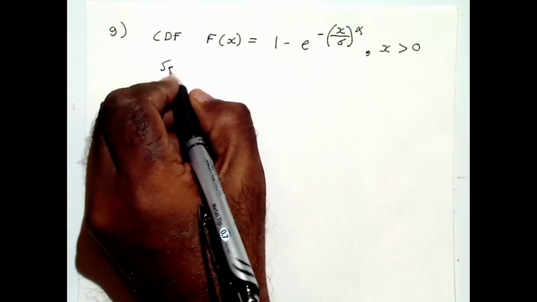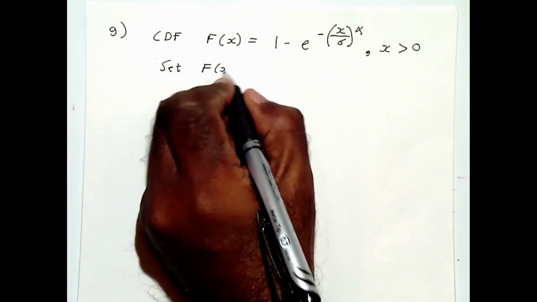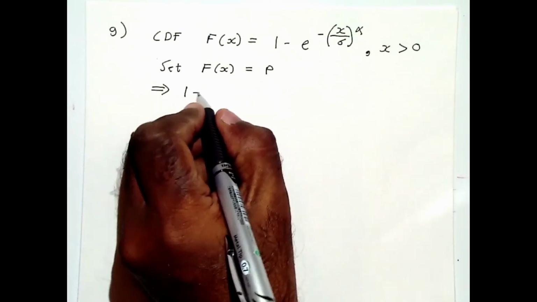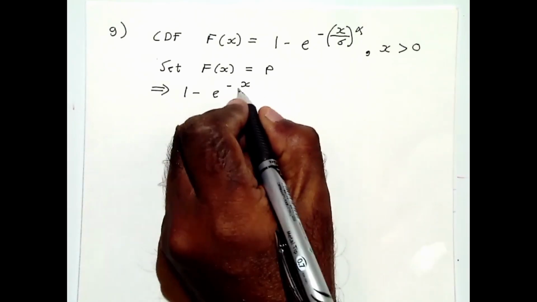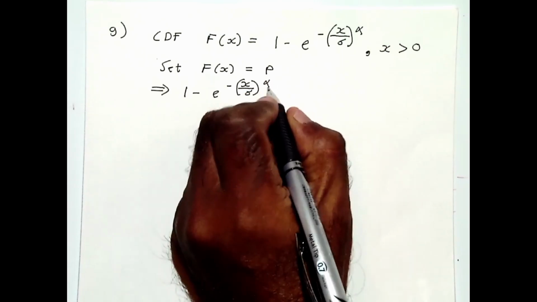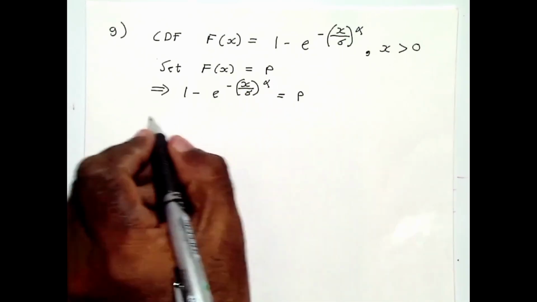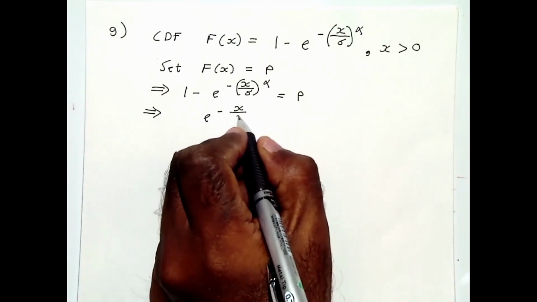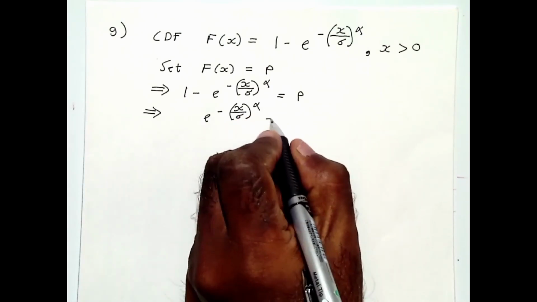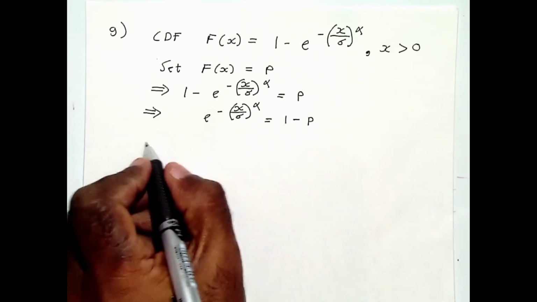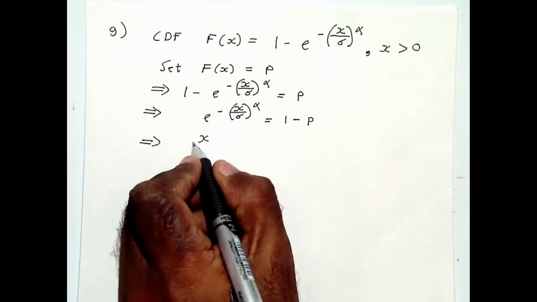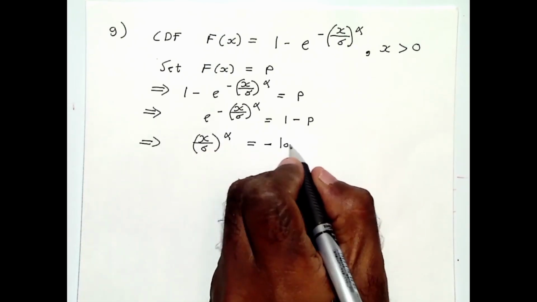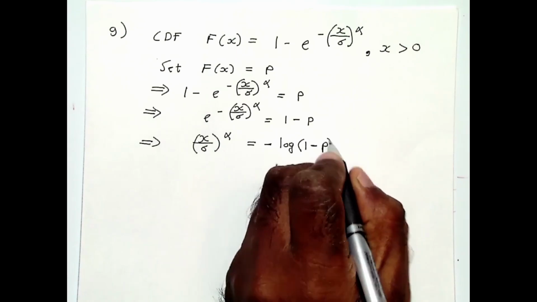All right, so now to find the VaR, you set the CDF equal to P, which implies that this is equal to P, and this implies that 1 minus P. So X divided by sigma to the power alpha is minus of log of 1 minus P.